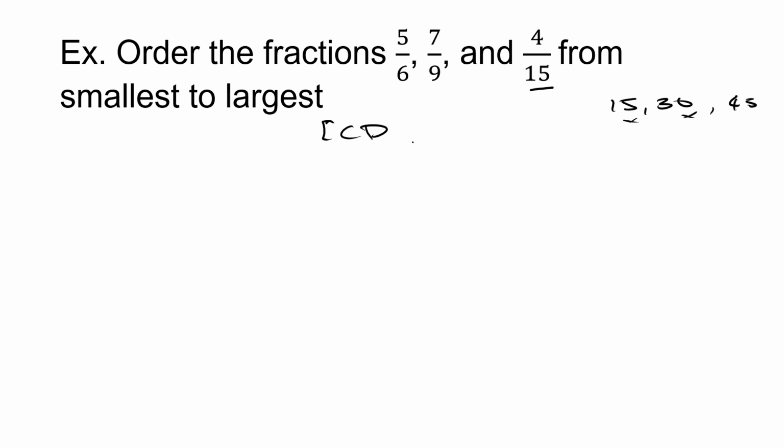So that's it. Your LCD is 45. Now convert. 5 over 6, 7 over 9, and 4 over 15. What number do we multiply to 5 and to 6 to get to 45? Use your calculators.